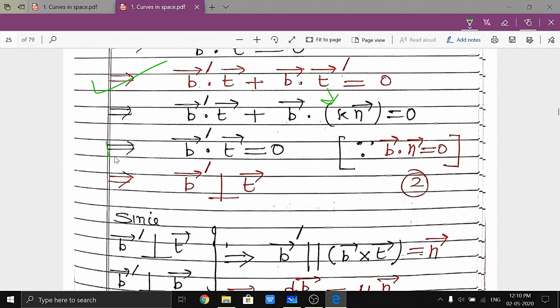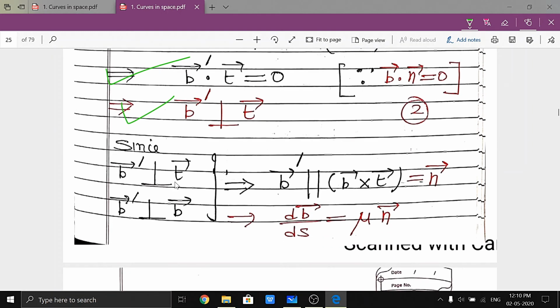So from this, the B' vector is perpendicular to T. Similarly, B' is perpendicular to B, so B' is perpendicular to B cross T, which is equal to the N vector. So B' can be written as μN.